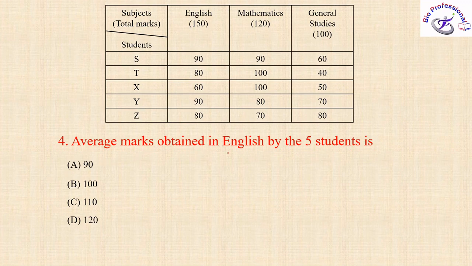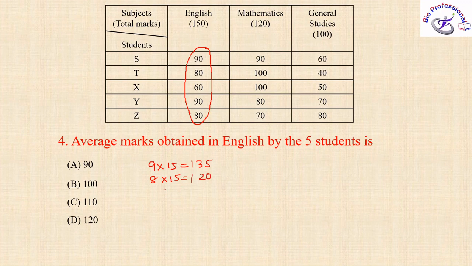the average marks obtained in English by the 5 students. You have to see this thing, average marks, because this is the percentage, so you have to calculate the marks. So 90% of 150, you just multiply 9 into 15, it becomes 135. Clear? Then 80% of 150, 8 into 15 will be again 120.